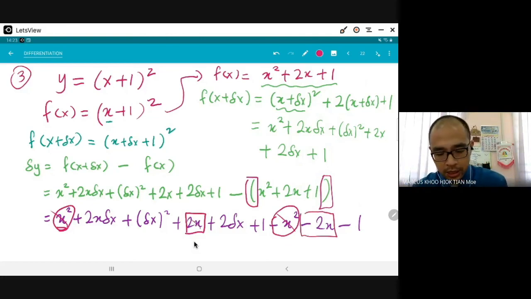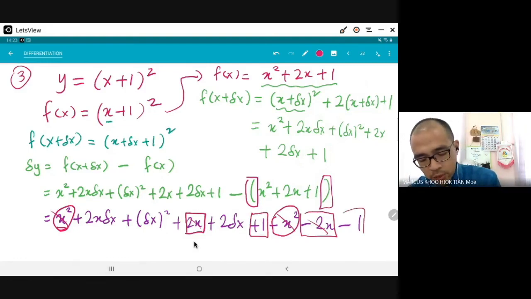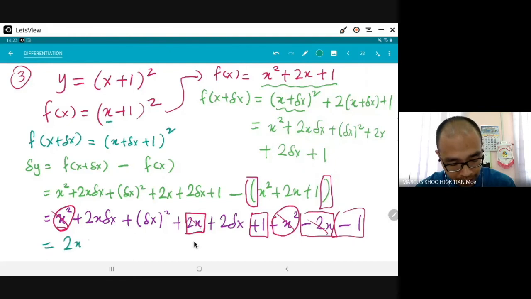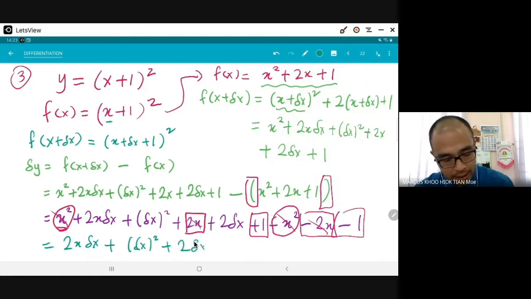Okay, so ching and then chong. And then plus 1 and then minus 1 also will be 0. So what are you left with? You are left with 2x del x plus del x squared plus 2 del x, okay, equals to del y.